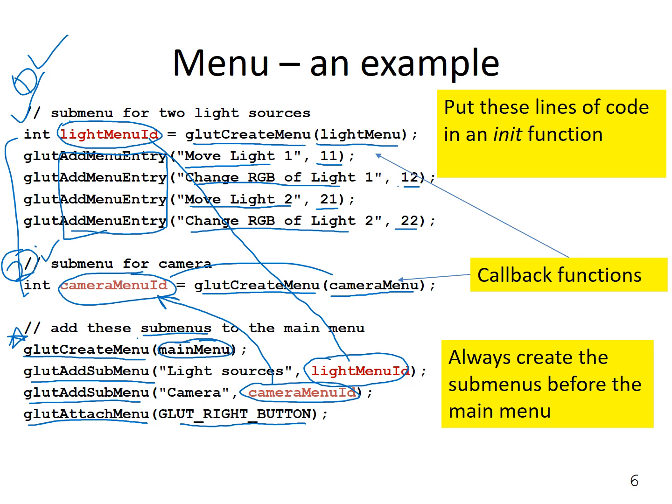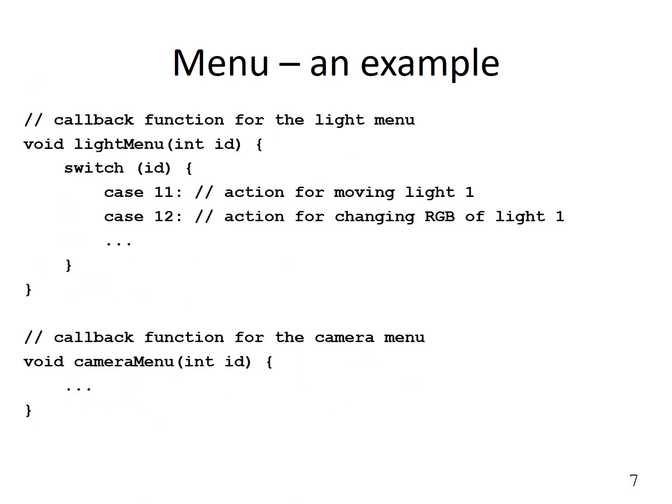But we haven't stored the identifier of the main menu anywhere. Here's an example of a callback function for the light menu. We use the same name as we have specified in creating this menu, which is lightMenu. It takes, of course, an integer ID that would be returned when this menu is selected.